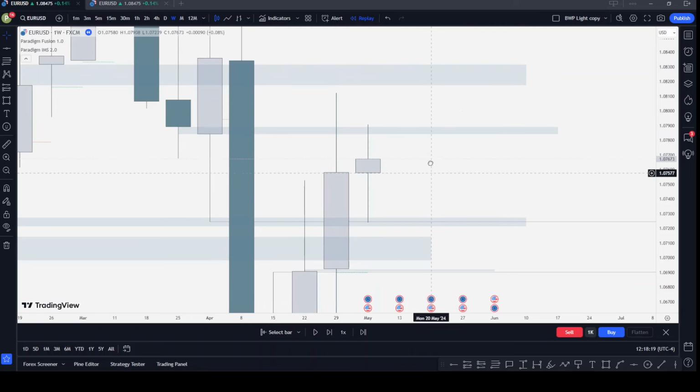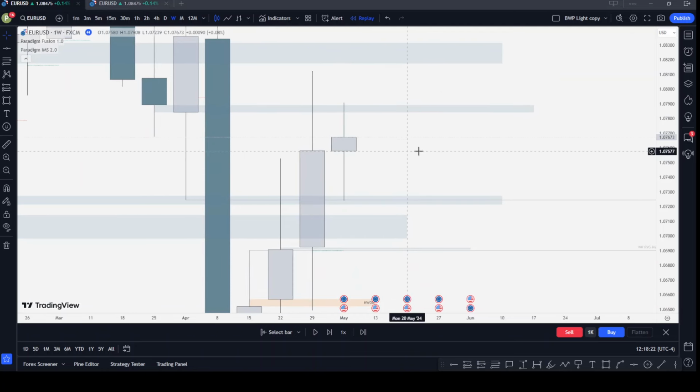So let's go to the next week. Let's assume we don't know what price is going to do in the new week, the next weekly candle. We want to mark out our charts and see where we anticipate price should return into, and what we should target.